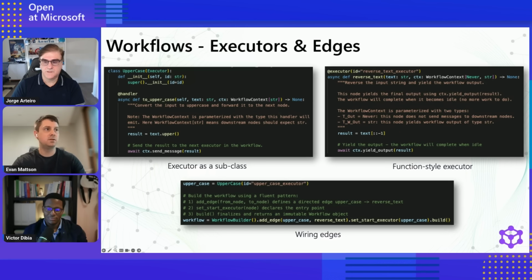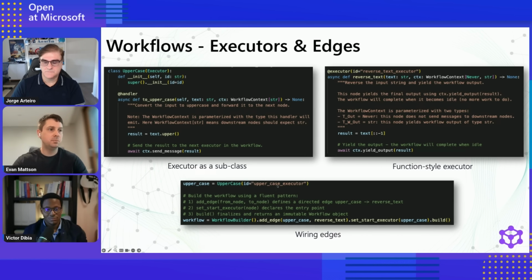So unlike the previous to uppercase executor, this one can be a terminal node, and we're handling whatever logic is inside of it, and then we're yielding output on the context. So you can see it's annotated with never because it's not sending a message to another node, but it is producing the second type string, and so again it allows us to do the validation and things like that.